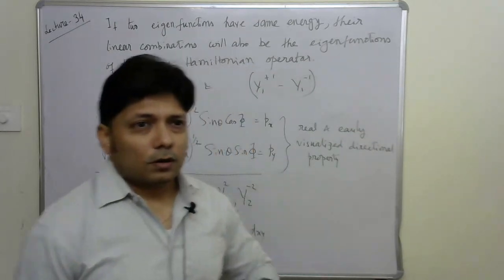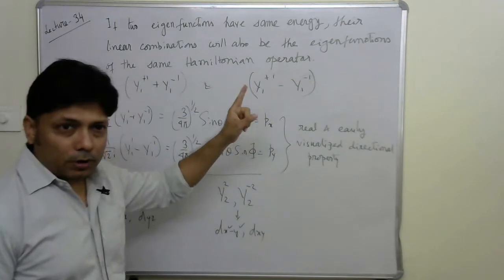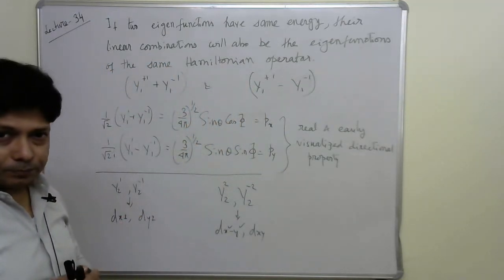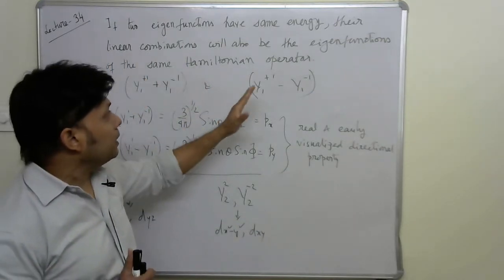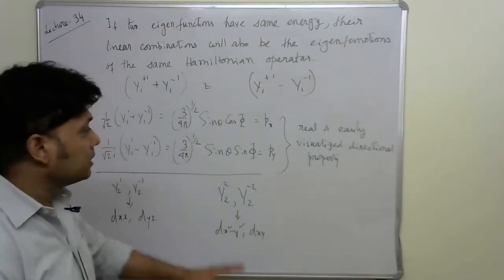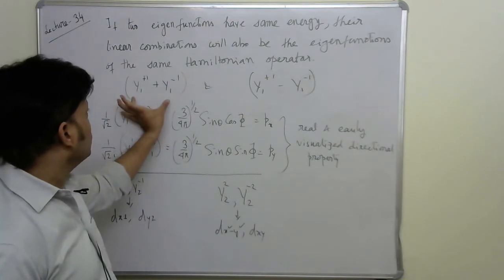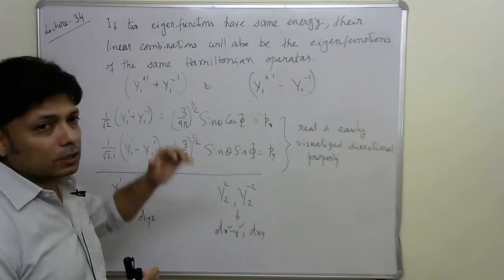What is typically done is this: there is one property that if two eigenfunctions have the same energy, their linear combinations will also be eigenfunctions of the same Hamiltonian operator. So if I have Y1 plus 1 and Y1 minus 1, those two spherical harmonics are eigenfunctions having the same energy.